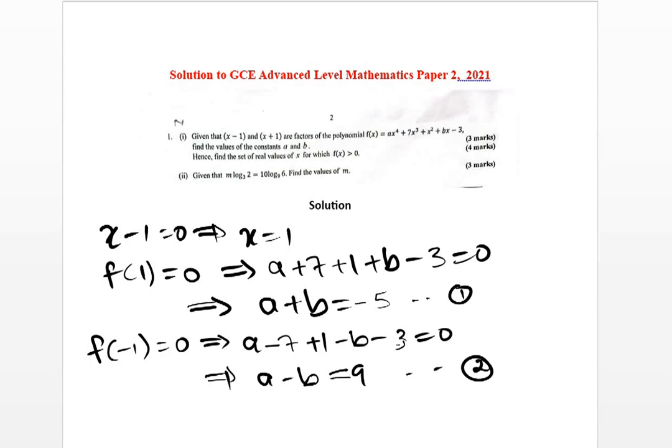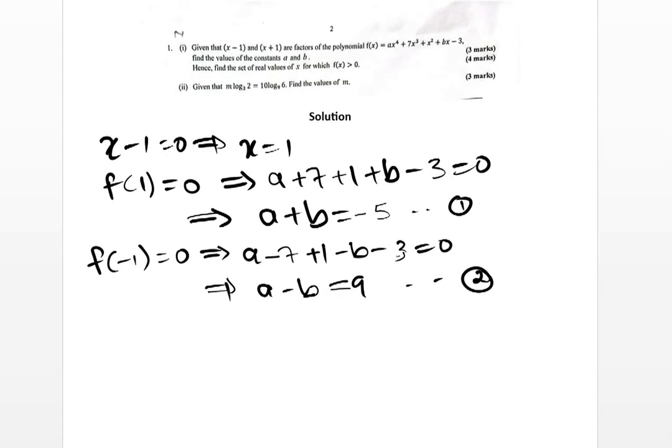Okay, that said, when we have the two equations, to solve for the values of a and b by elimination, if you take equation 1 plus equation 2, since the coefficient of b here is positive 1 and down this way is negative 1, when you add the two, it gives 2a equal to 4.